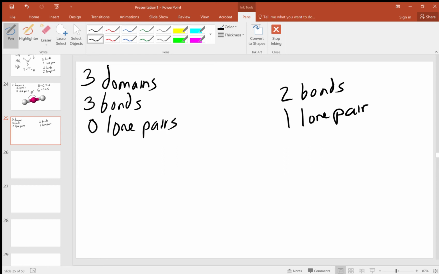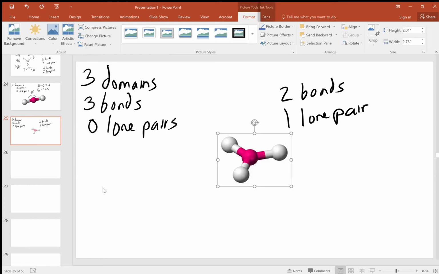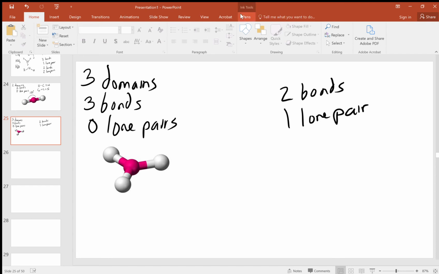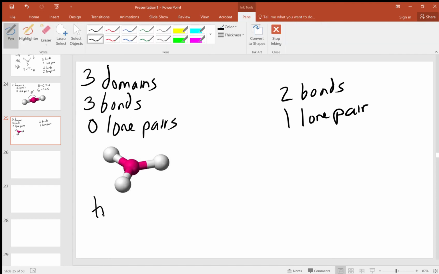With 3 bonds and no lone pairs, we have trigonal planar. With a bond angle of 120 degrees. 2 bonds and 1 lone pair is referred to as bent.